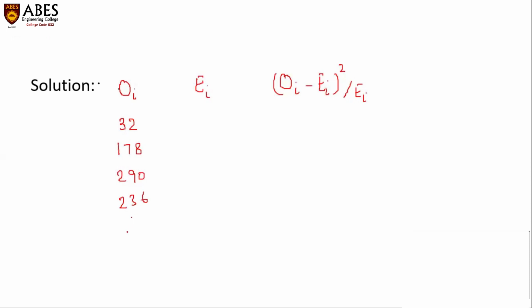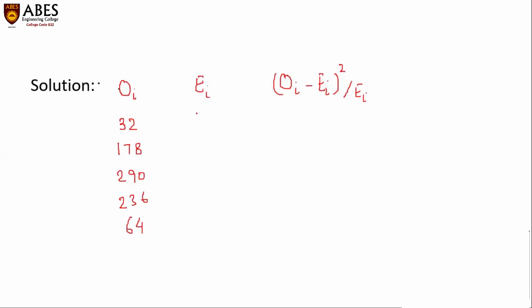Now, for calculation of the chi-square statistic, we can make a table for Oi, Ei, and for Oi minus Ei whole square upon Ei, where Oi will be the observed frequency, and as given in the question, the values were 132, 178, 290, 236, and 64.